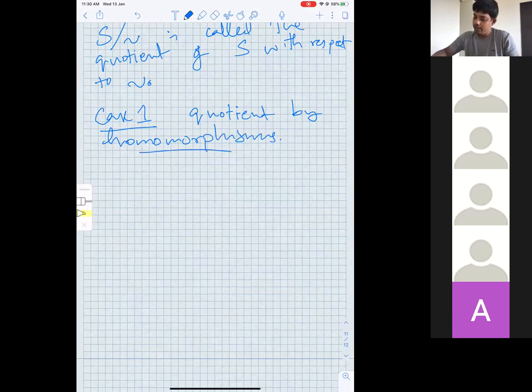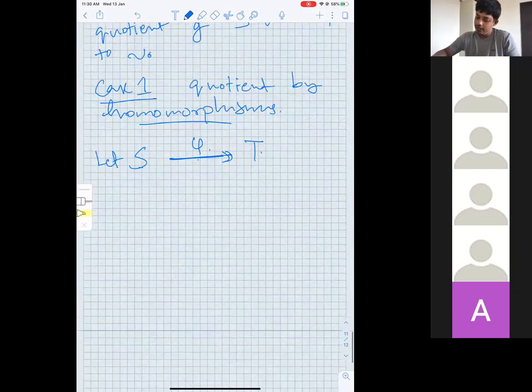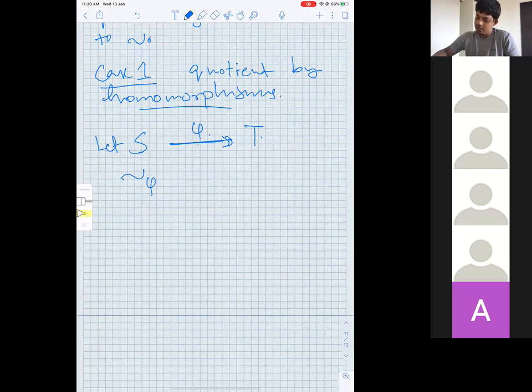Okay. So let's imagine there is a morphism phi from S to T. I'm going to define a congruence relation tilde phi on S, called the nuclear congruence of phi.